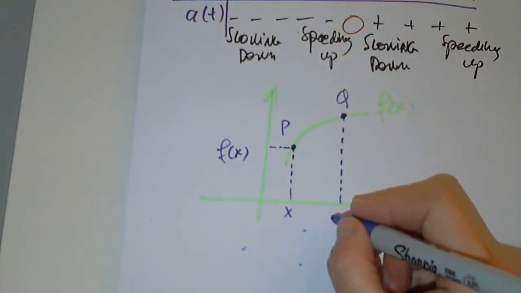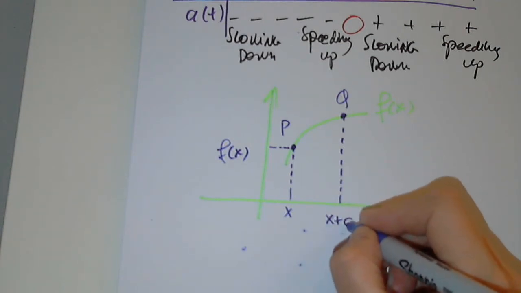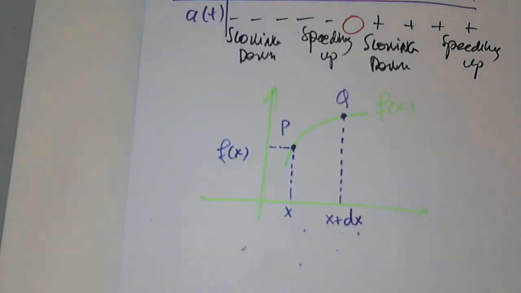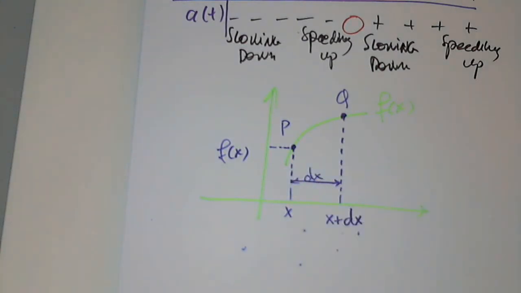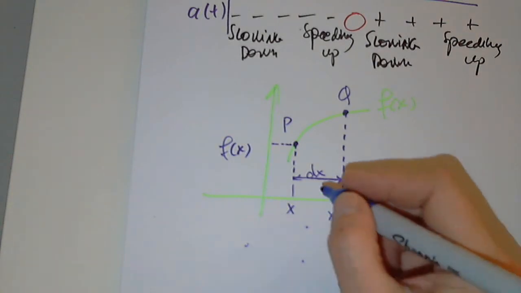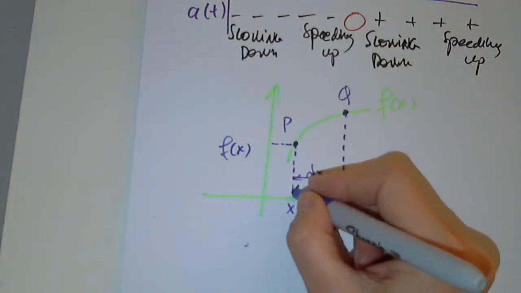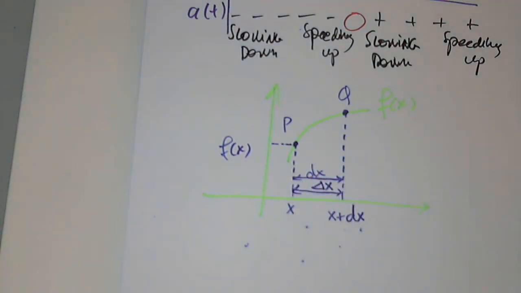Well, this time I'm going to change the notation. I'm going to say dx, which is h, a little bit of x. So obviously, this is the dx. And the same distance can also be denoted by delta x.